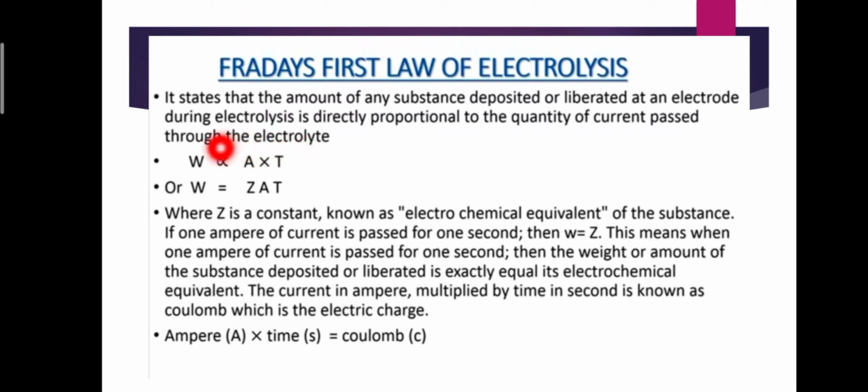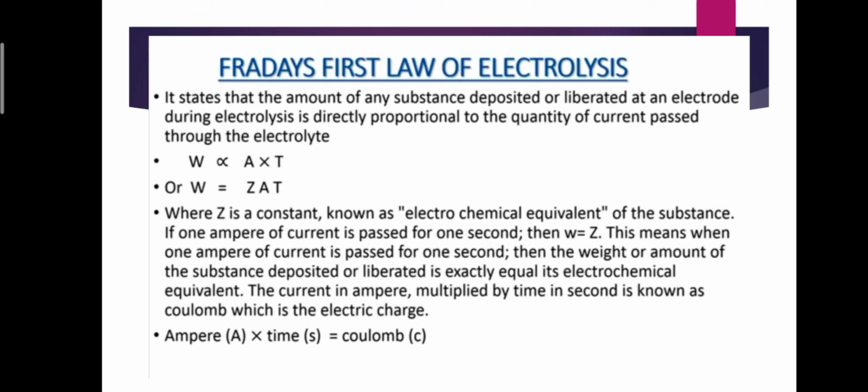If we replace the sign of proportionality, we apply a constant, and Z is the constant, known as the electrochemical equivalent of the substance. If 1 ampere of current is passed for 1 second, then W is equal to Z. This means when 1 ampere of current is passed for 1 second, the weight or amount of the substance deposited or liberated is exactly equal to its electrochemical equivalent.